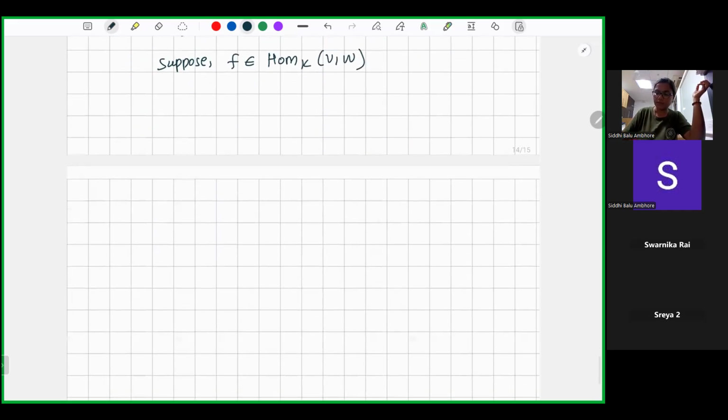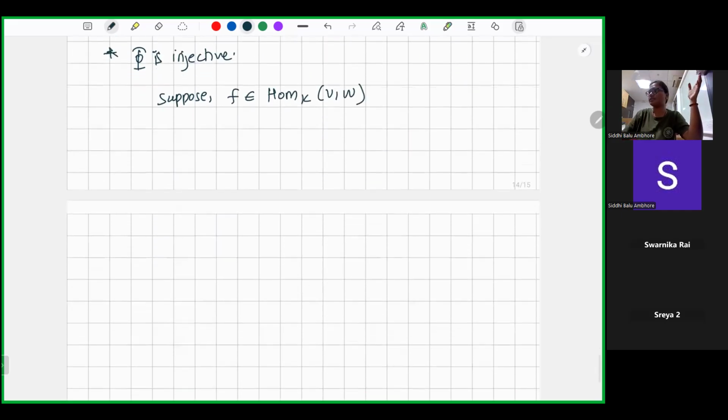That's how we do it: we start with some element and show that it is 0. Suppose phi of f, which is (f(v1), ..., f(vn)), is some (w1, ..., wn).